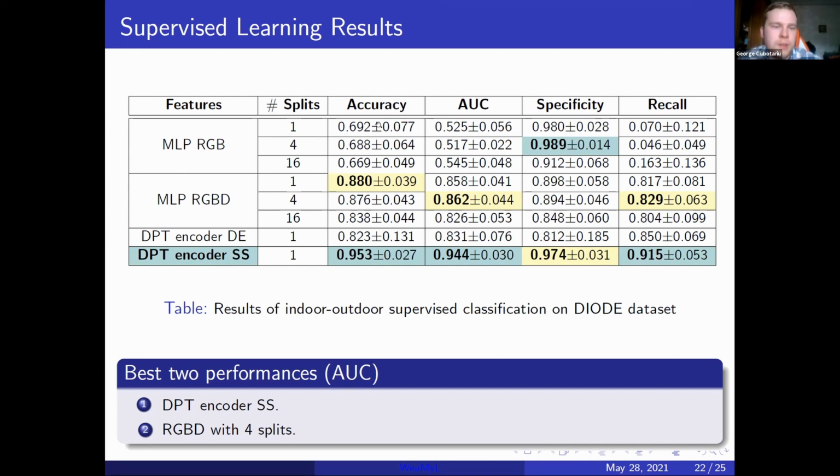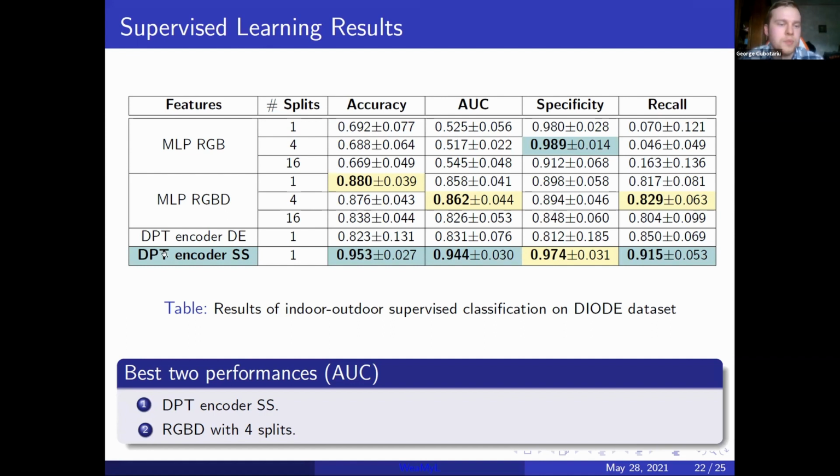So the AUC for the MLP RGB data experiments is pretty low. I mean, it's a bit higher than random guessing, but when adding the depth information, we can clearly see an improvement. And as we said before, the RGBD with four splits performs the best in this case.